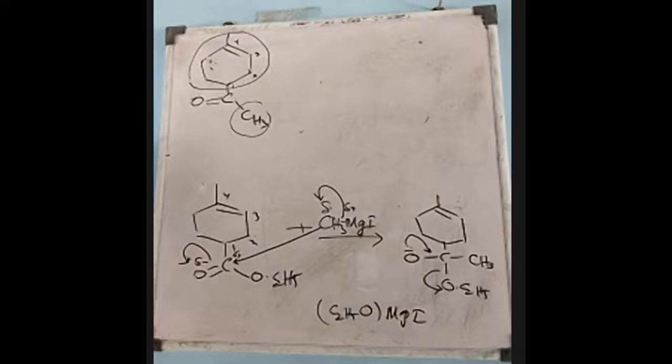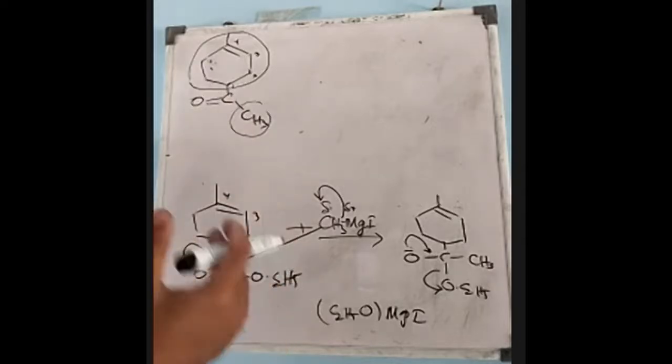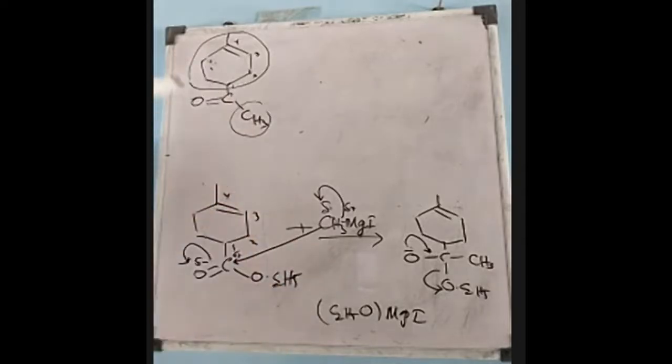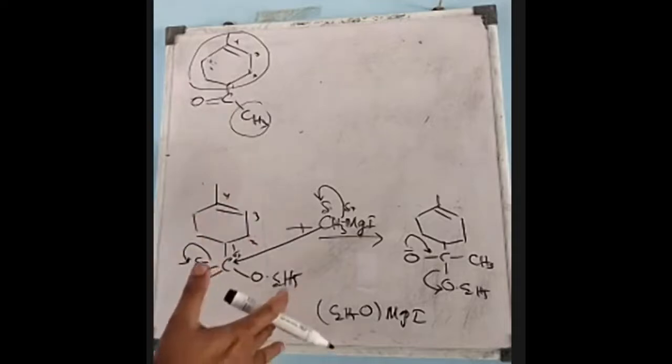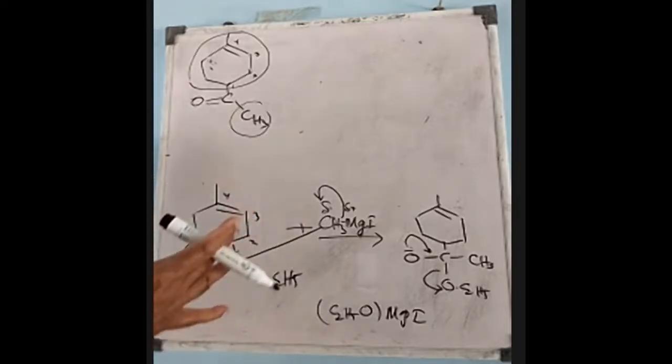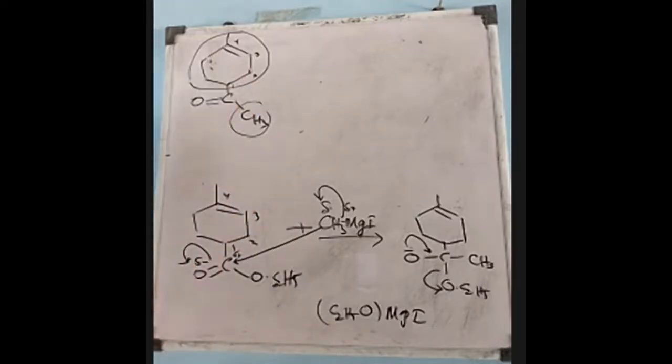If any aldehyde other than formaldehyde reacts with a Grignard reagent, any alkyl magnesium halide, such as methyl magnesium bromide, ethyl magnesium bromide, propyl magnesium iodide, or butyl magnesium chloride, a secondary alcohol is always produced.